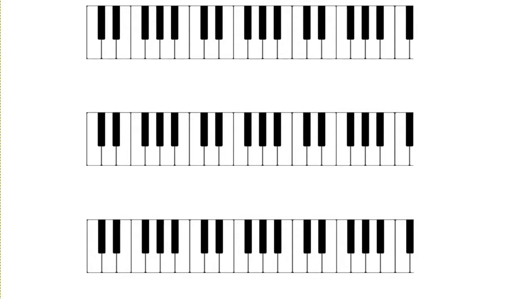So, looking at this keyboard picture here, let's assume these are pictures of your MIDI keyboard, and they are all identical, so you can look at any of them, but let's start with the upper one. You can see that there is a repetition going on. Namely, the keys have a pattern which is repeating, and each repetition of this pattern is called an octave, and consists of 12 keys.